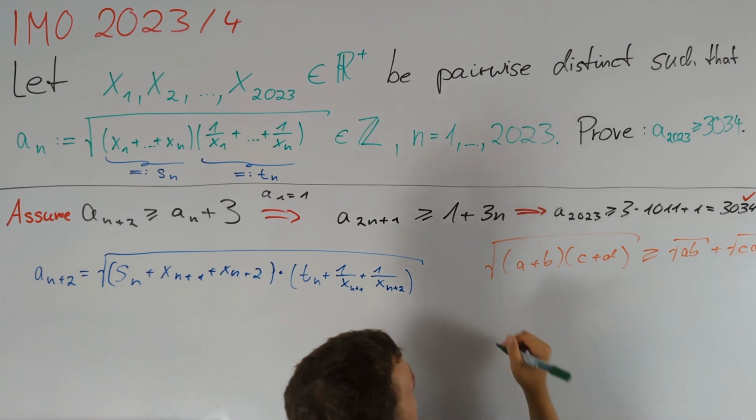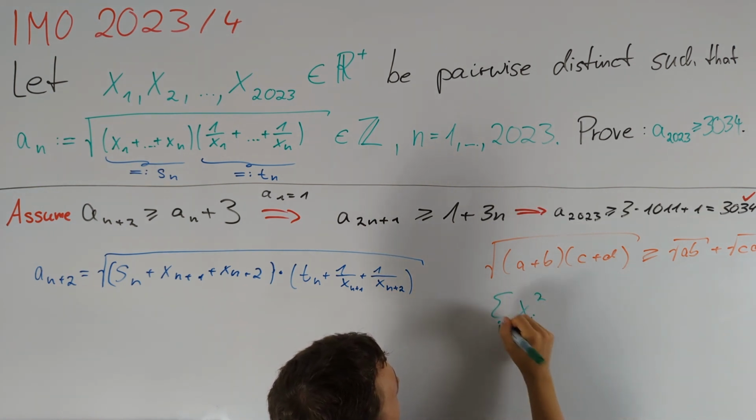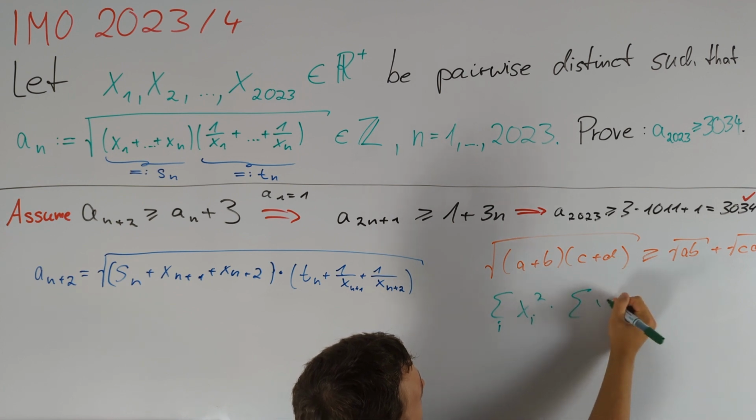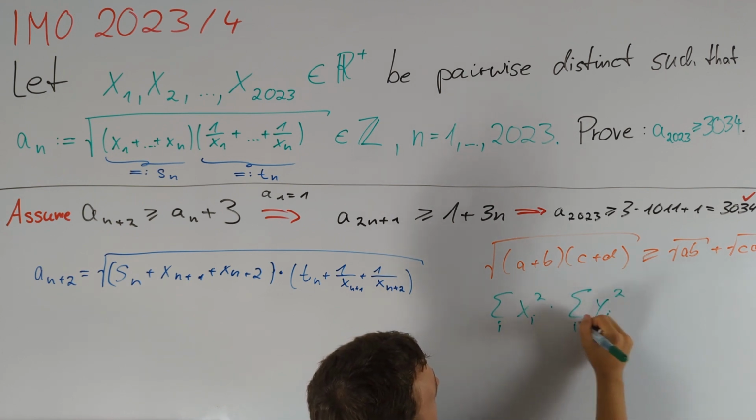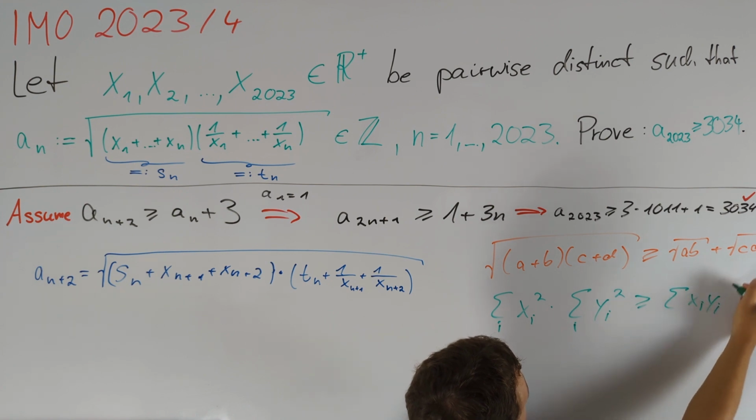It is basically a corollary of the Cauchy-Schwarz inequality that tells us that the sum of xi squared times the sum of yi squared is always greater than or equal to the sum of xi yi, all squared.